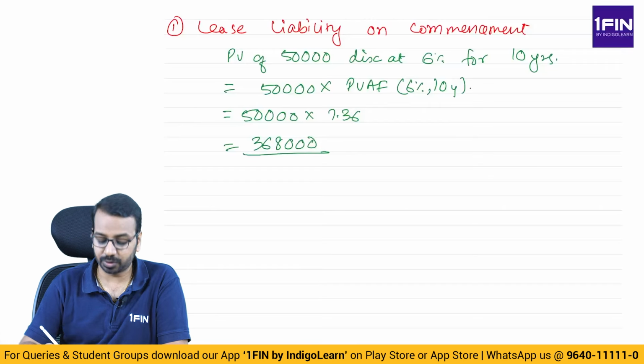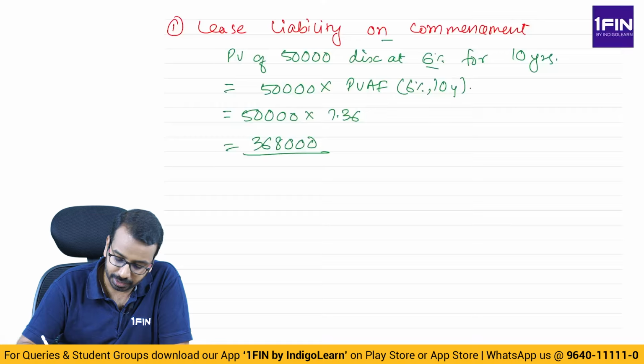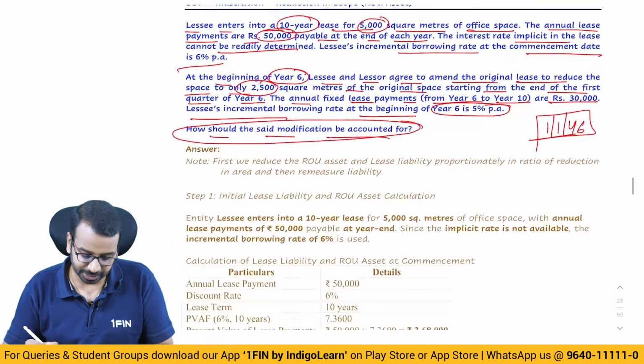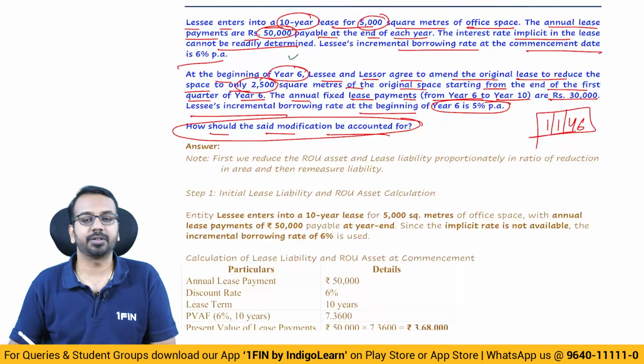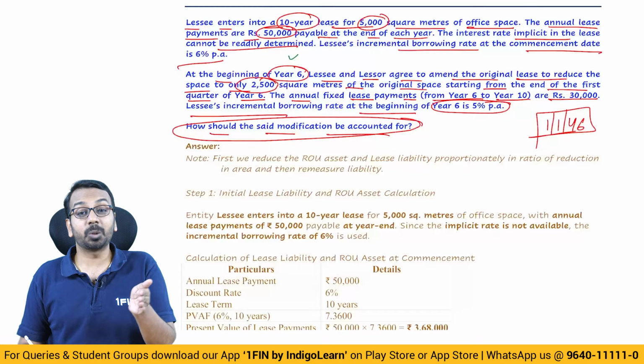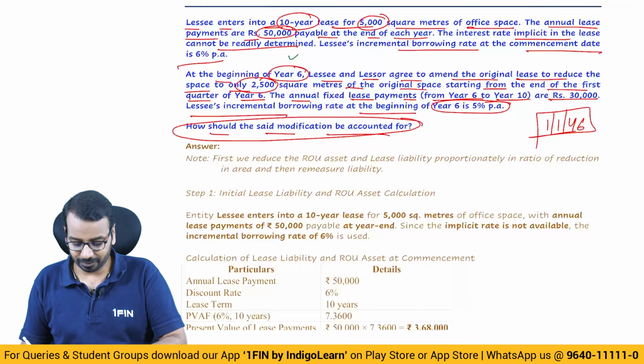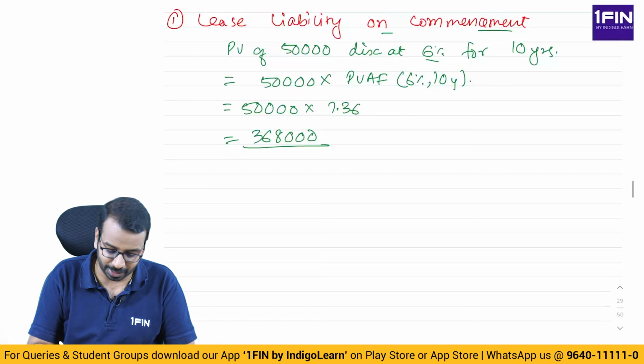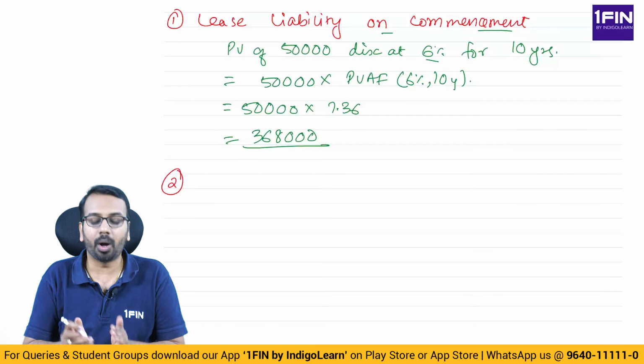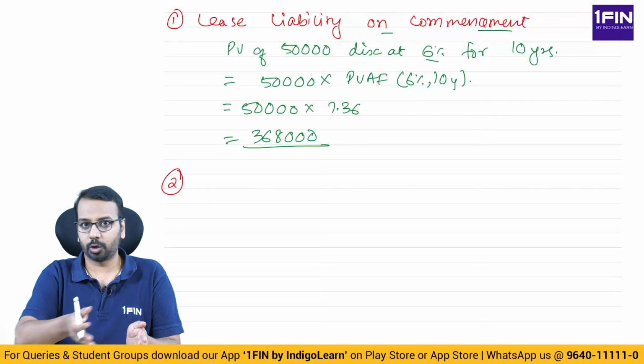What is this 3,68,000? Lease liability on commencement. When did the modification happen? The modification happened at the end of year 5. So we need the closing balance at the end of year 5. Okay. Now for calculating closing balance, how to do it? One, you can prepare the table like we normally do.